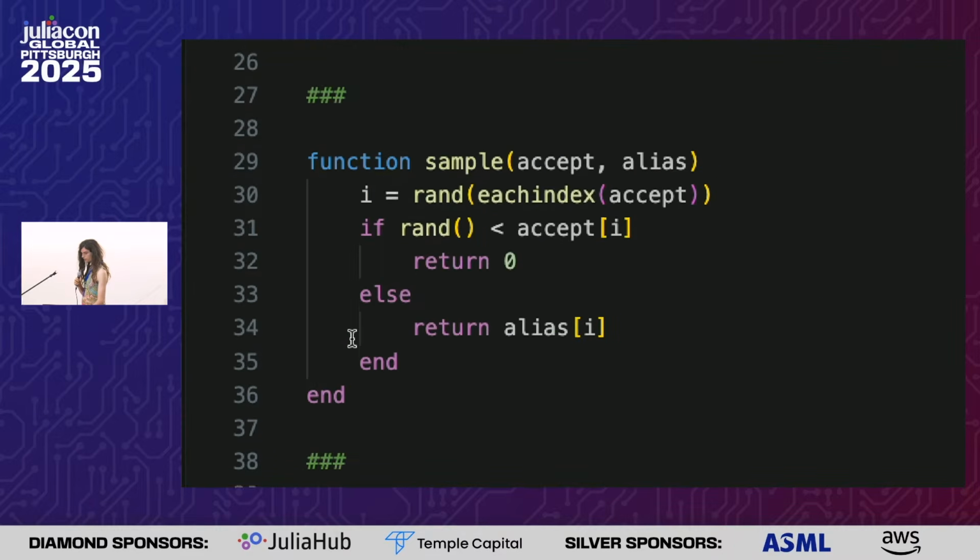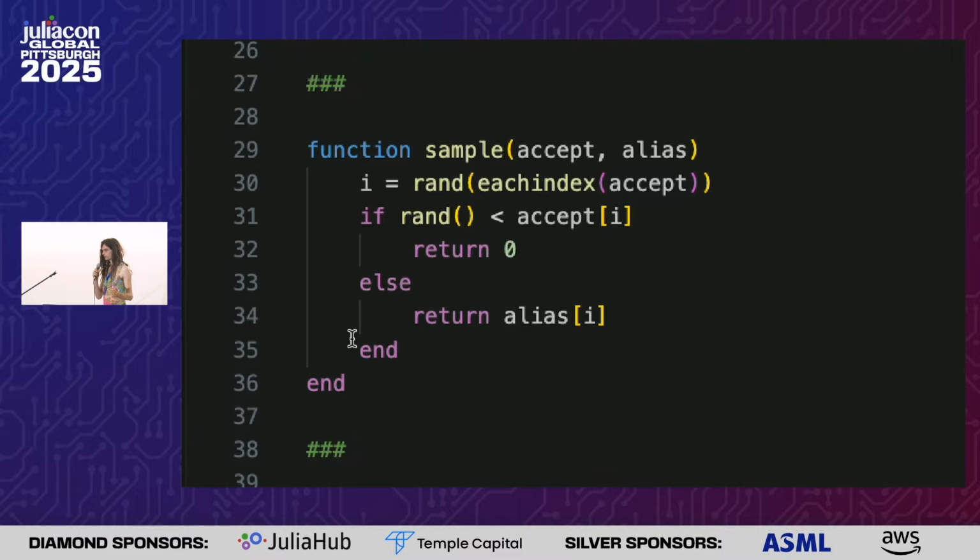Okay, AliasTable, O of 1 random sampling, and it's a really simple algorithm. And simple is good because simple is fast. So here we have this accept and alias.